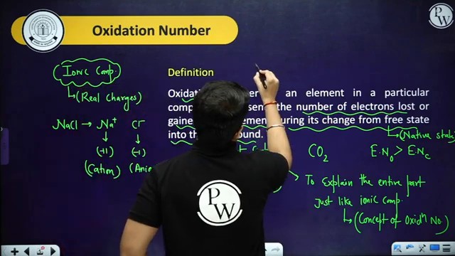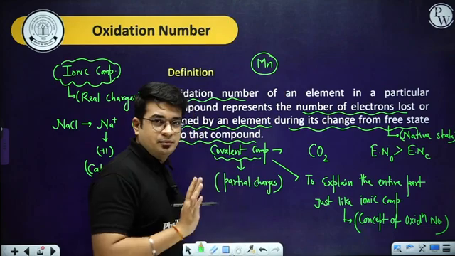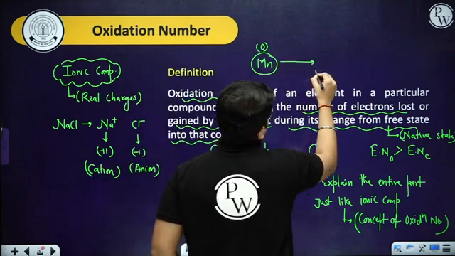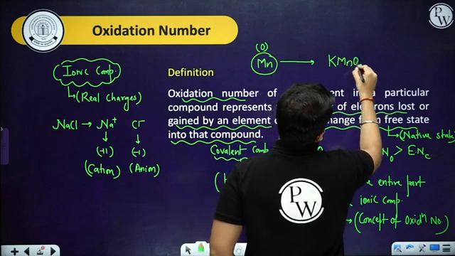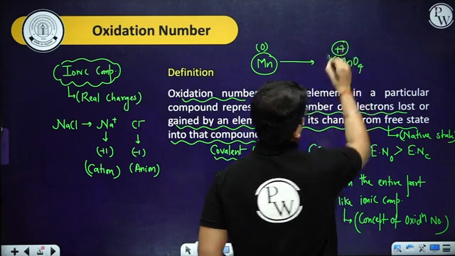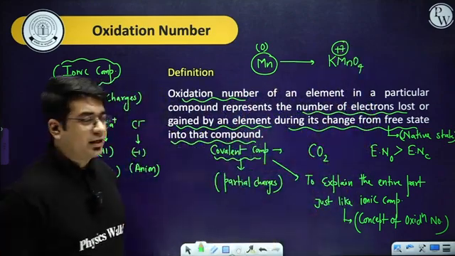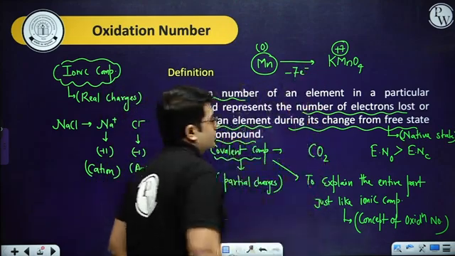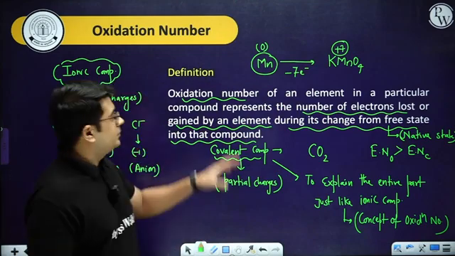For example, if I talk about Mn, its native state is Mn only, a metal. In this case, its charge is always 0. When it converts into KMnO4, it attains the oxidation number of +7. It means from Mn to KMnO4, it actually loses 7 electrons. So a 7 electron loss can be explained with the help of oxidation number. That is the basic idea.